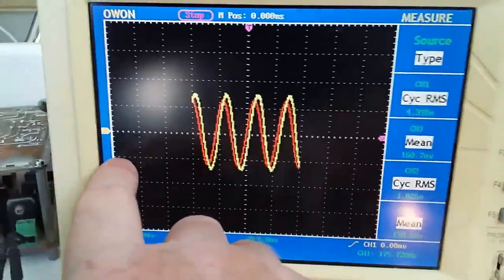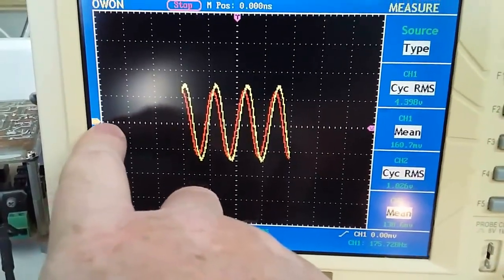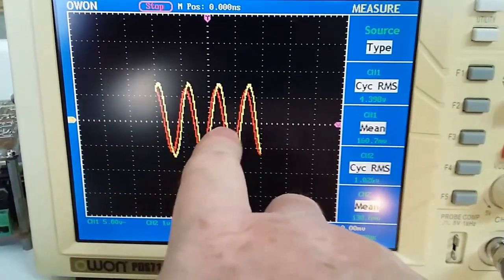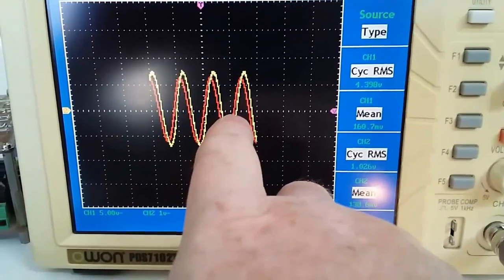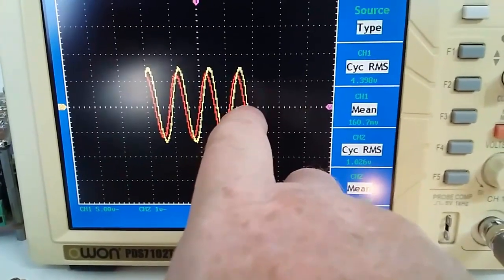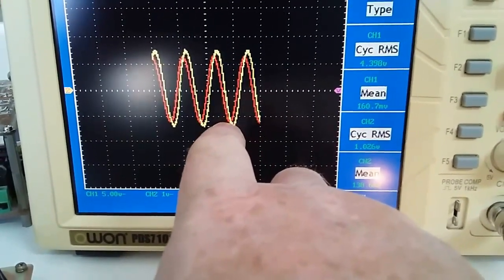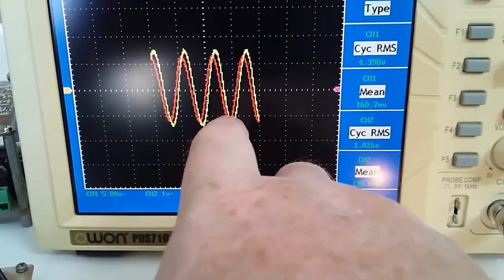Okay, and because both the red probe and the yellow probe are set to the 0 graticule line here on the scope, we see millions of points above the 0 line, and at the same time millions of points below the 0 line.